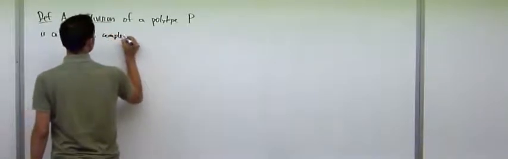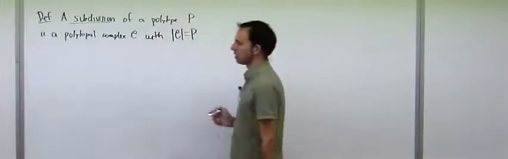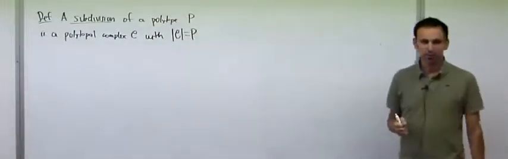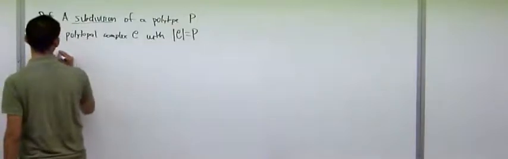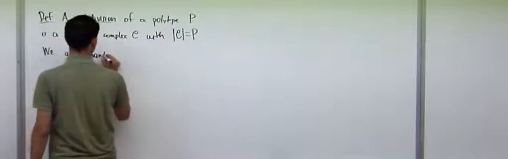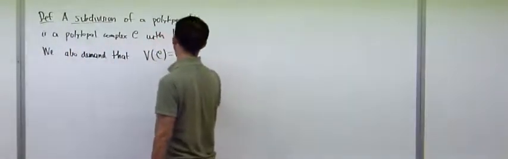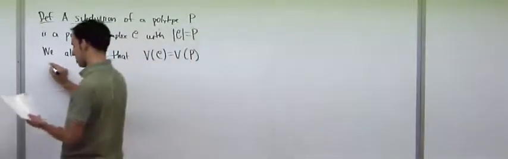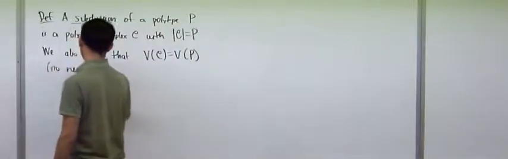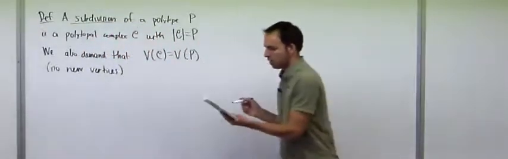Complex C whose underlying space is P. But we also demand that the vertices of C equal the vertices of P. In other words, that you don't add any new vertices. So let me tell you what I mean by this.